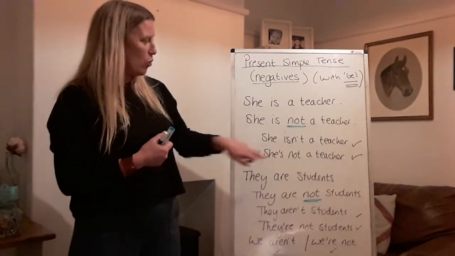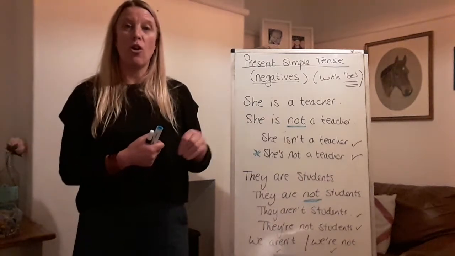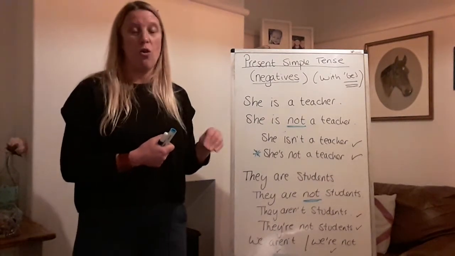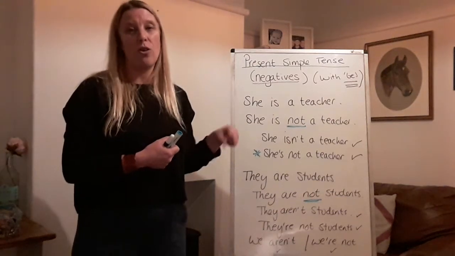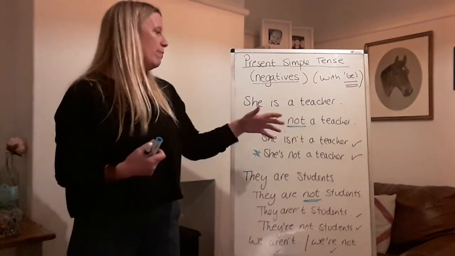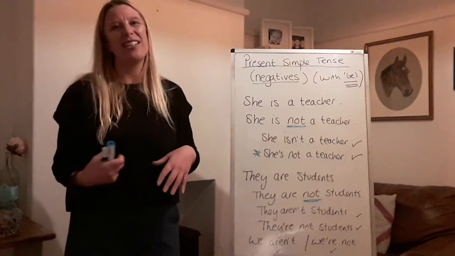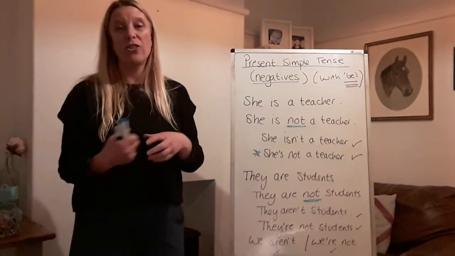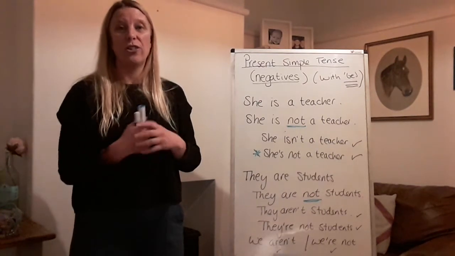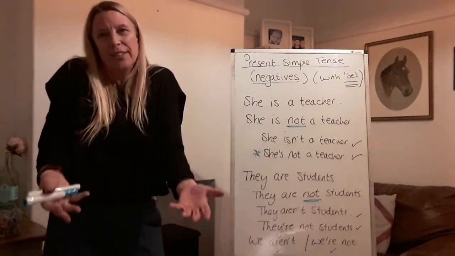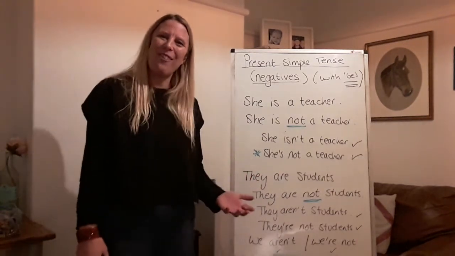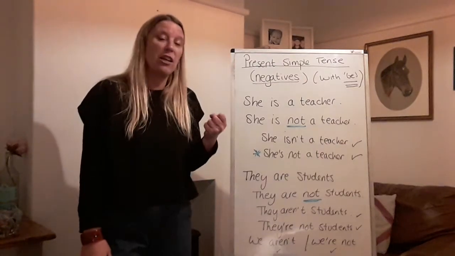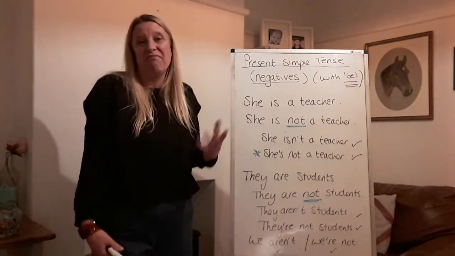And then we shorten it, I'm not, you're not, he's not, they're not, we're not. Or you can say she isn't, you aren't, they aren't, we aren't. It's your choice. It's very complicated, isn't it? Very complicated because you will hear English people using both.